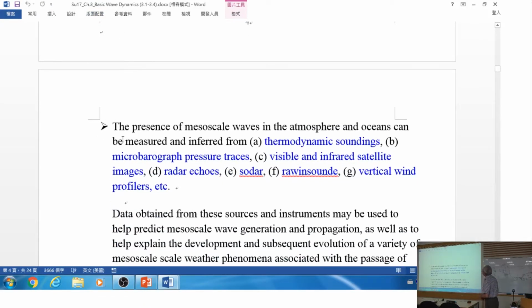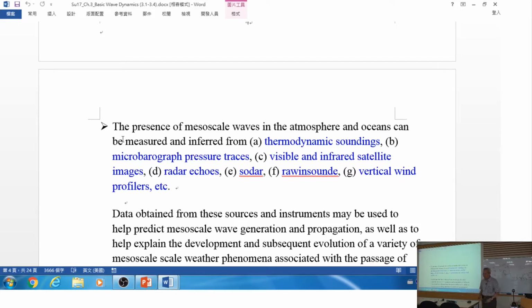The presence of mesoscale waves in the atmosphere and oceans can be measured in different ways, or inferred by different measures like thermodynamic soundings, microbarographs, visible and infrared satellite images, radar echoes, sodar, radiosondes, vertical wind profilers, and other methods.